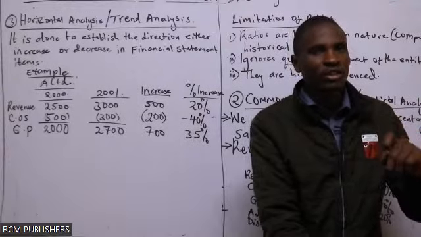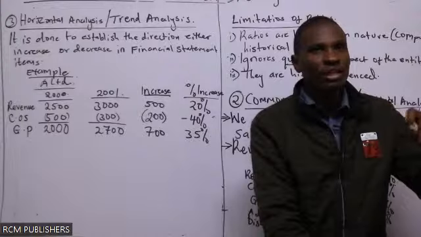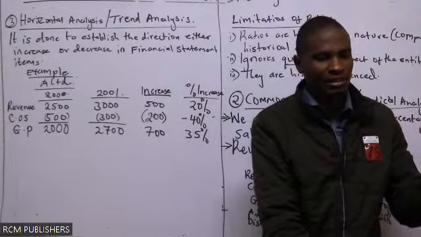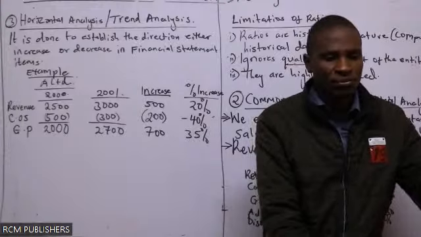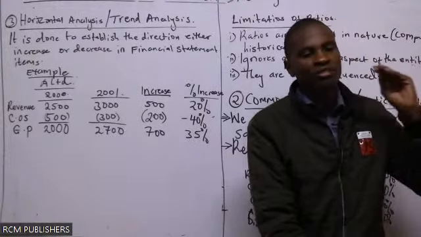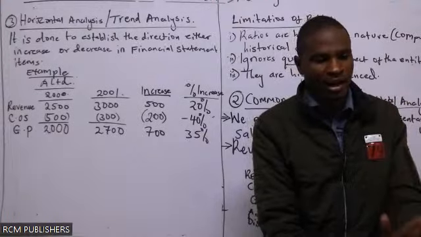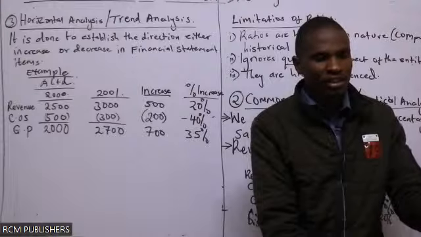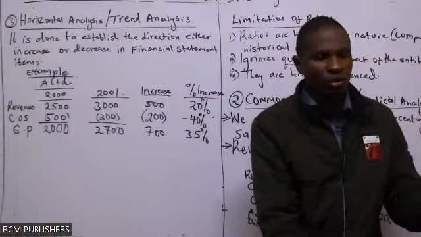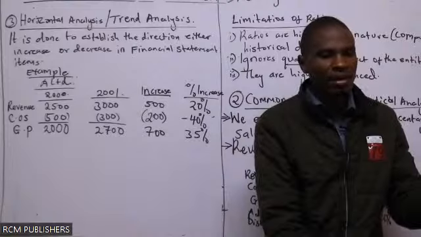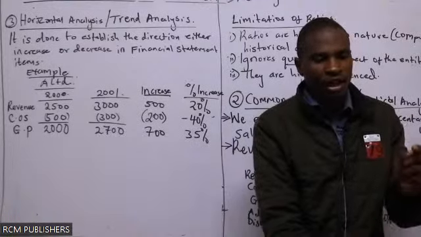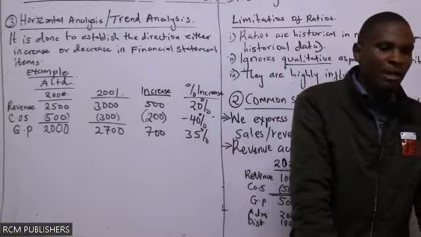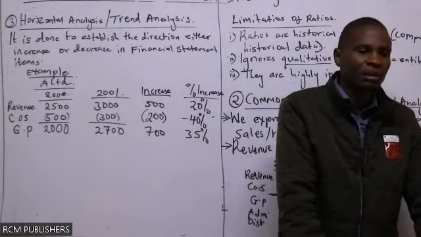The total assets and the total equity and liability will be at 100%, because it will be that figure divided by itself and then multiplied by 100. Other items like inventory, receivables, PPE, you'll be dividing by the total assets times 100 to get the percentage.